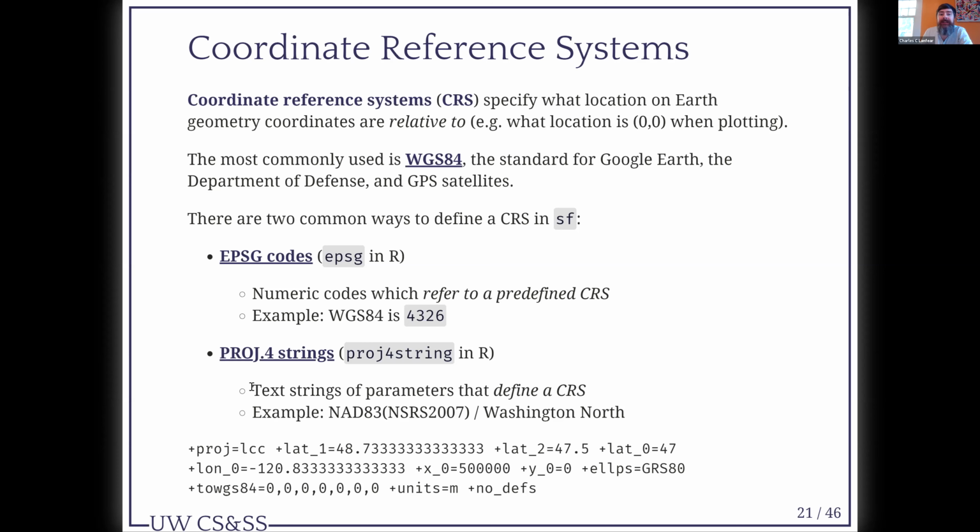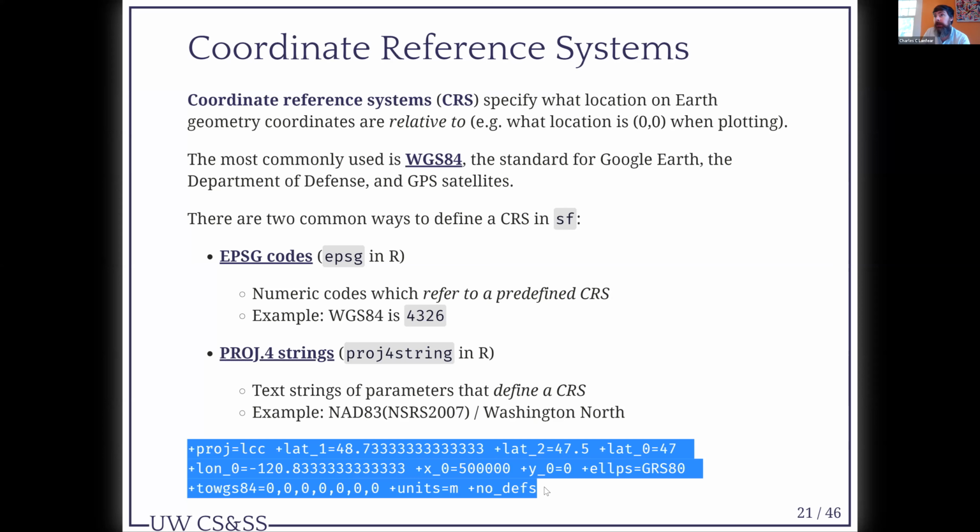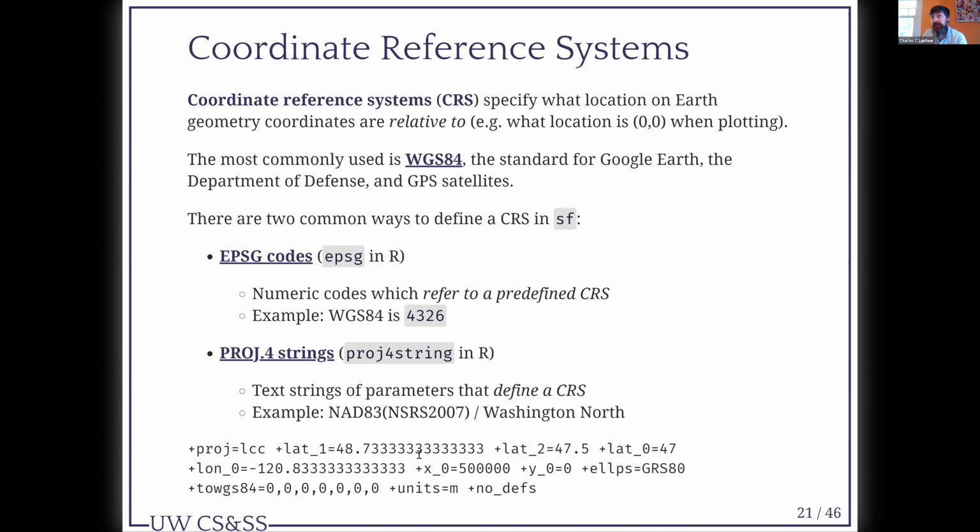It is a text string of parameters that define a CRS, usually relative to WGS84 because it's sort of the default. So here's an example proj4 string. This is for NAD83 HARN Washington North, which is what I use in my police data. It is this big old string that looks like this. Everything in the string has a particular meaning.